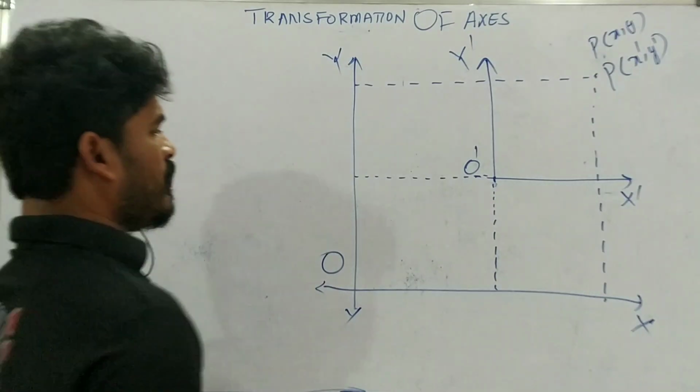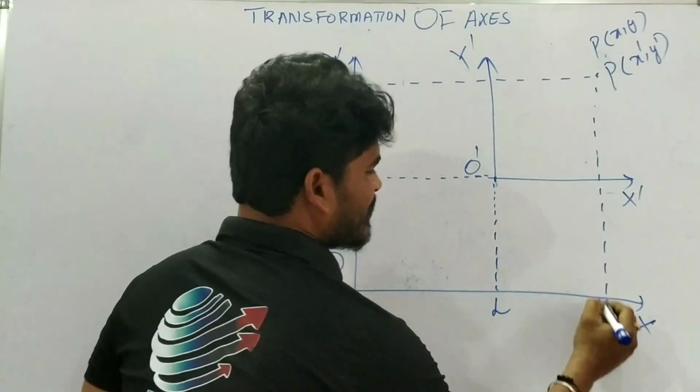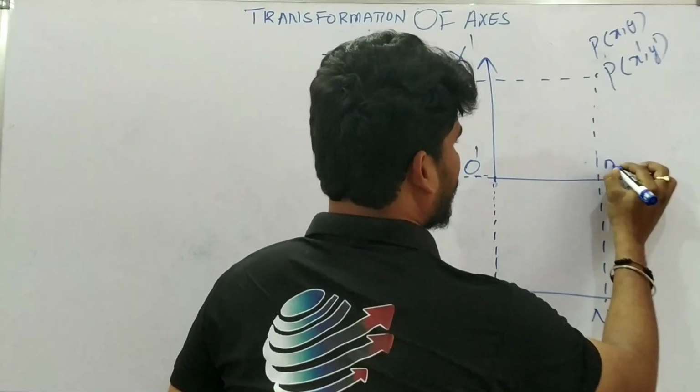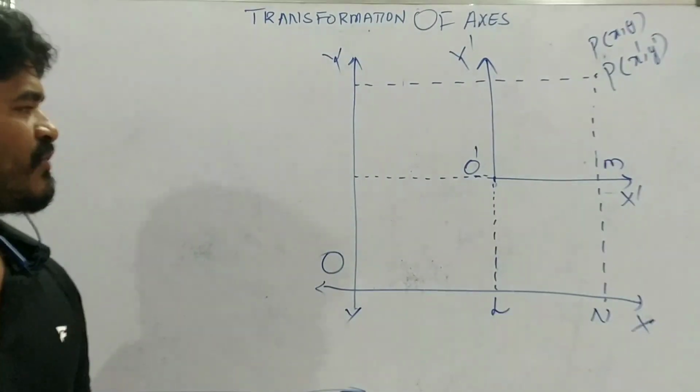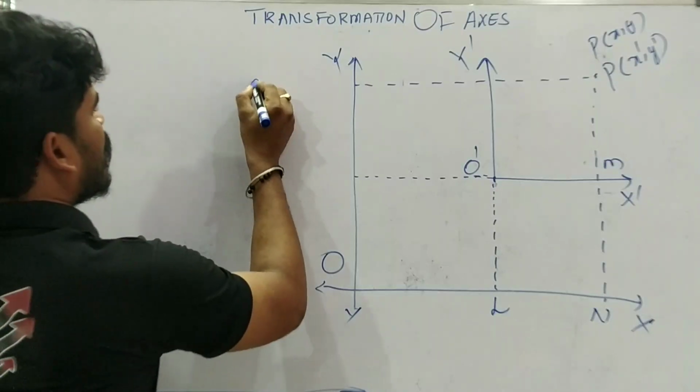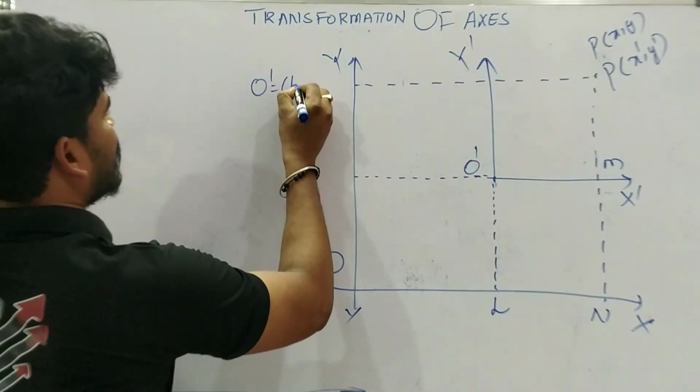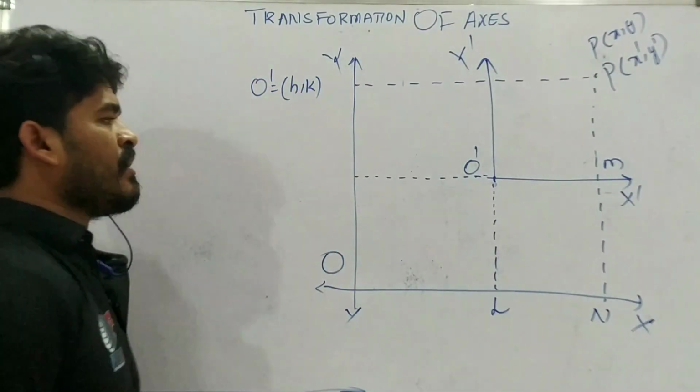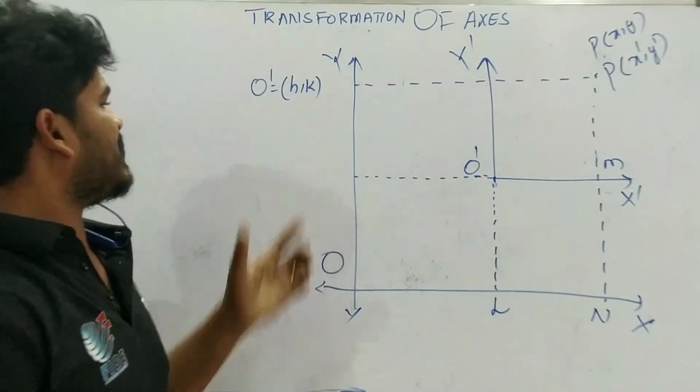Therefore, this one is L, this one is N, this one is M. We assume that the O dash point is (h, k).